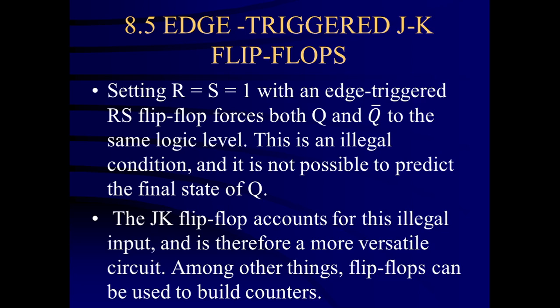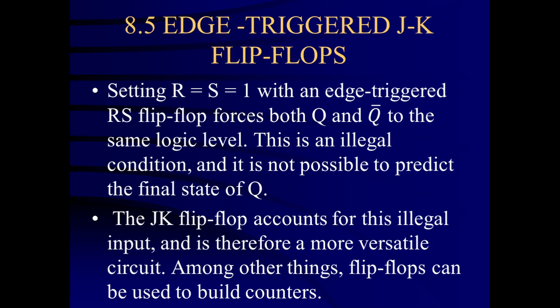This is the drawback in clock RS flip flop. So we have to be careful that this state R is equal to S is equal to 1, which is a forbidden condition, should not be imposed. Otherwise, both the outputs are going to be at the same level.